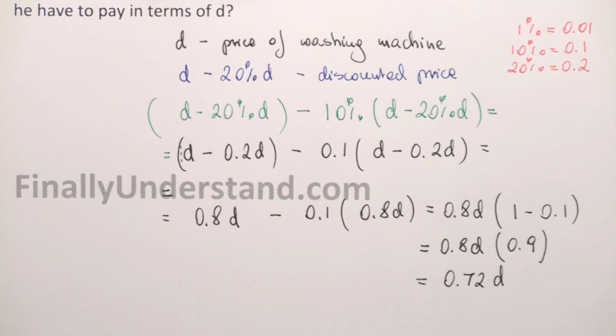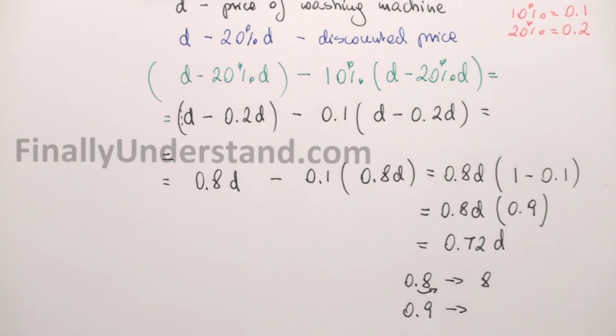When we multiply decimal numbers, first we change these decimal numbers to whole numbers. 0.8, to change to a whole number, we move the decimal point 1 time, so we have 8. And 0.9, to change to a whole number, we move the decimal point again 1 time, so we have 9. So we multiply 8 times 9 is 72.